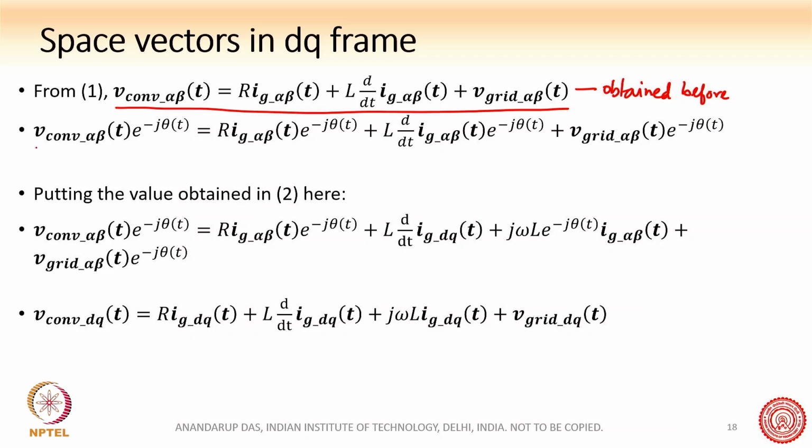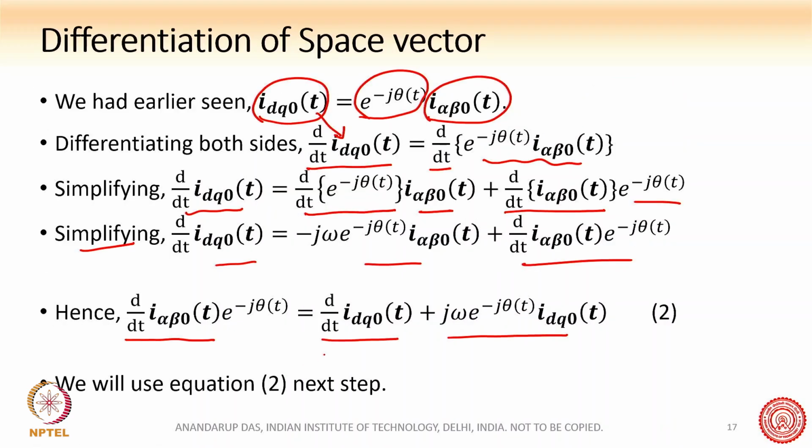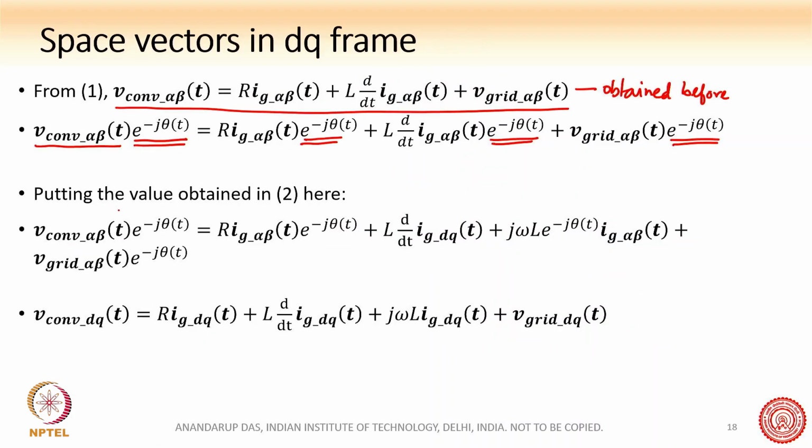We now pre-multiply the entire equation with e to the power minus j theta. You can see here I am multiplying every term with e to the power minus j theta throughout, and then I get this equation 2 and put it back there, and then I do some mathematics here, and what I get at the end is this equation.